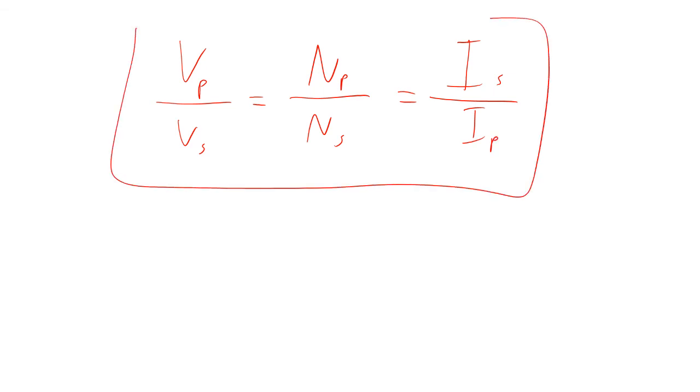So these are your relationships for the voltage and the current and the number of turns in there. So that's your transformer relationships right there. So with that, you can actually figure out all the stuff that transformers do.